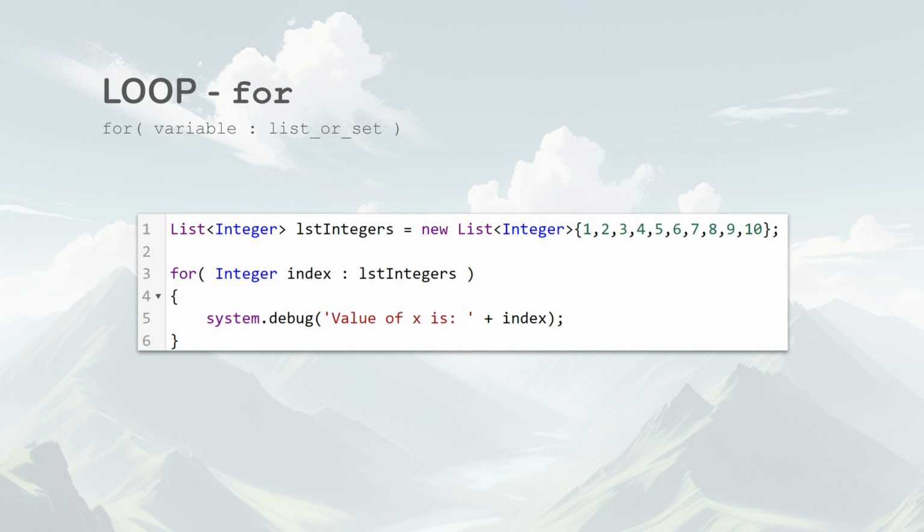The list or set is a variable of either set or list type that we pass as the parameter to this for loop. Apex will read the set or list elements one by one and store each element that it reads into that variable. This variable we can use inside the for loop's code block to refer to that variable or its attributes if that variable is a non-primitive data type.